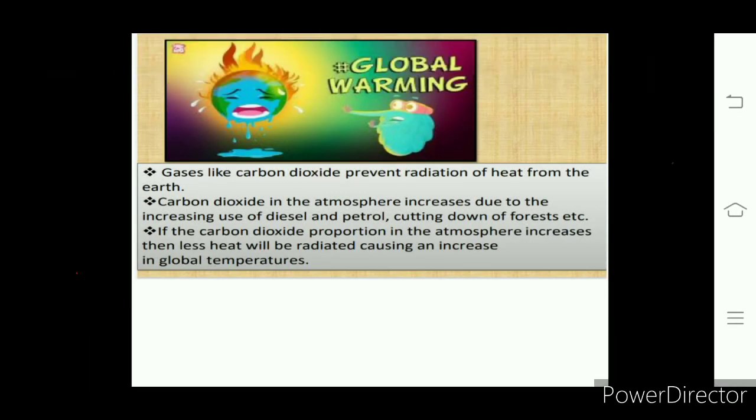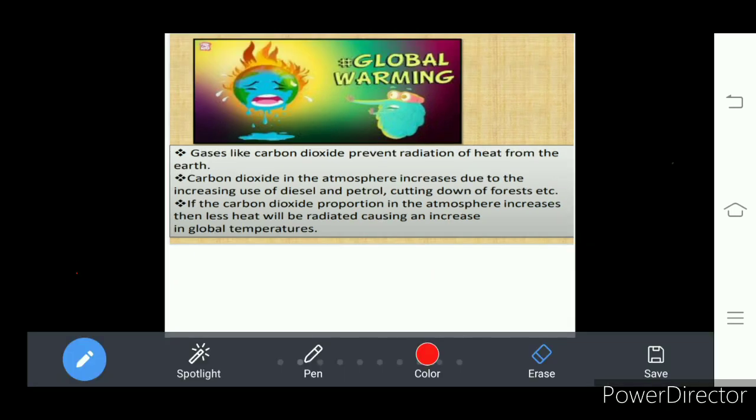See here, global warming. I have shown this slide to explain what global warming is. Gases like carbon dioxide prevent the radiation of heat from the earth. Understand? So carbon dioxide in the atmosphere increases due to the burning of petrol, diesel, and cutting down of forests.